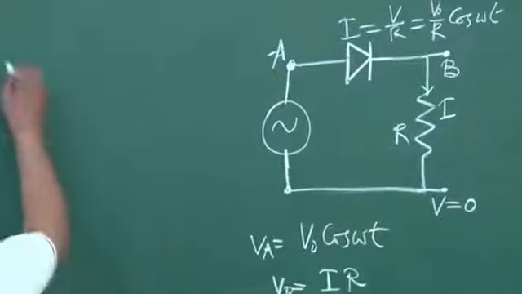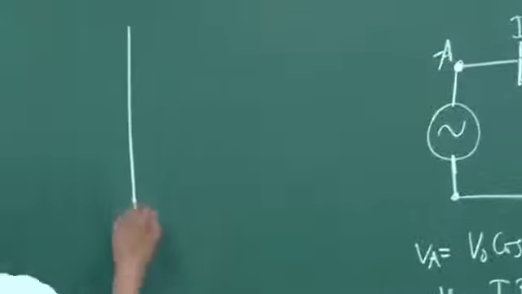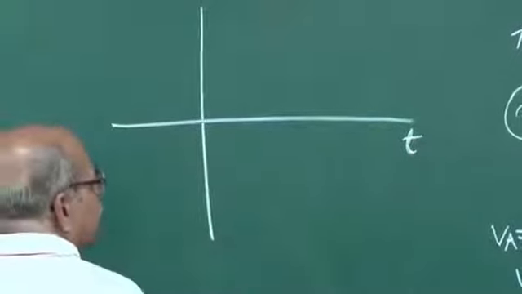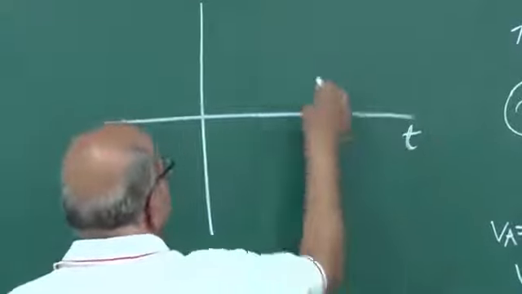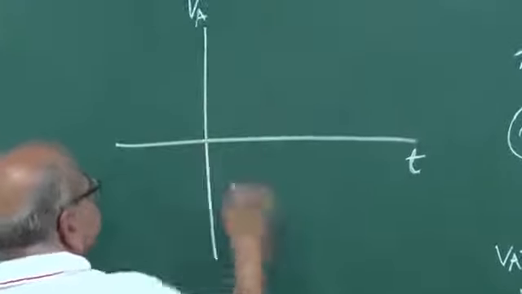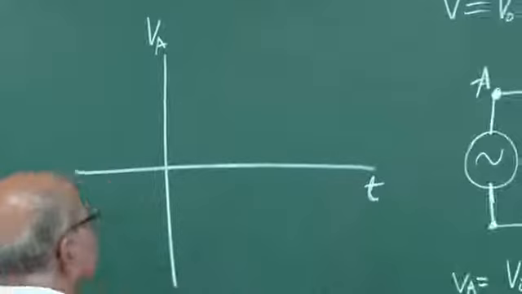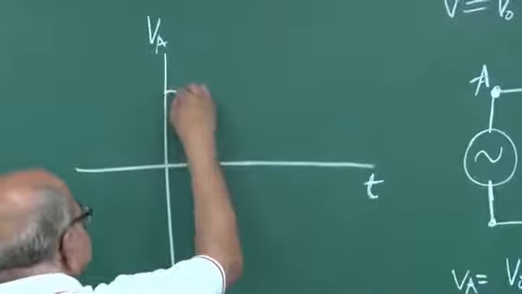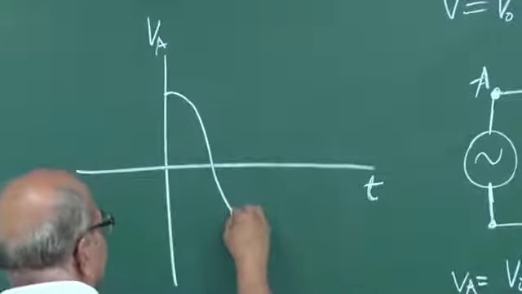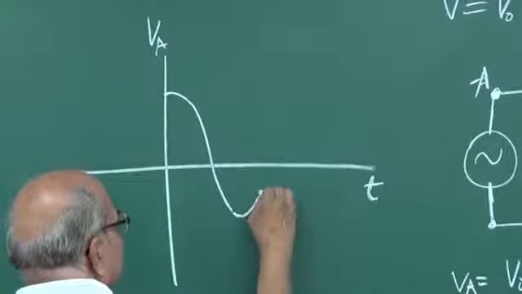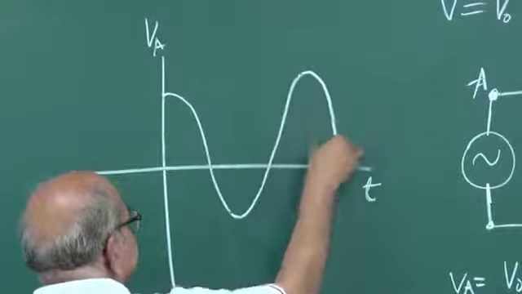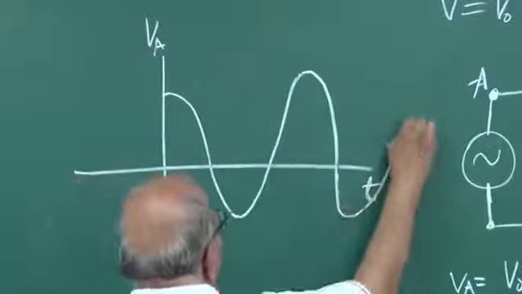So if I show this voltage on this graph, time this side and VA this side, it's just V naught cos omega t, so it is like this. I should go to the same height and all those things, which I will not be able to do exactly.